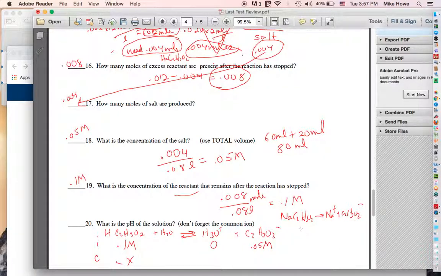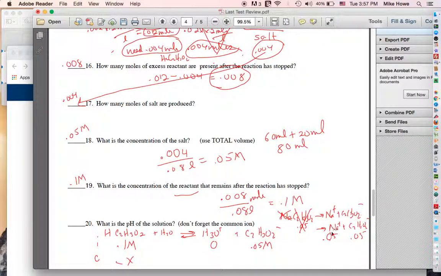So if this is 0.05, that all goes away because it's soluble. So all we have left is the Na plus and the acetate ion, both of which are 0.05, since all of this turns into these things, and it's all 1-to-1 ratios.